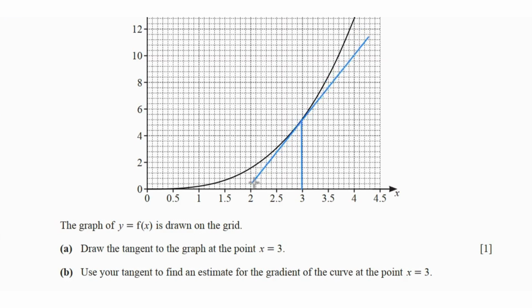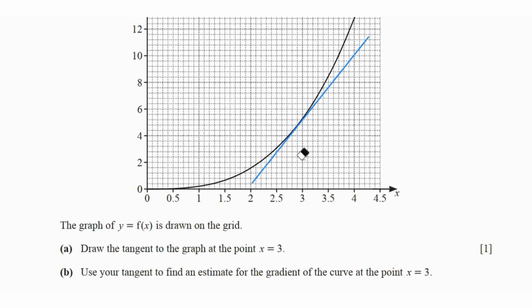This is our tangent. Now, to find the gradient of the graph, you can find the gradient of the tangent. Why? Because the gradient of the tangent is always the same as the gradient of the graph.